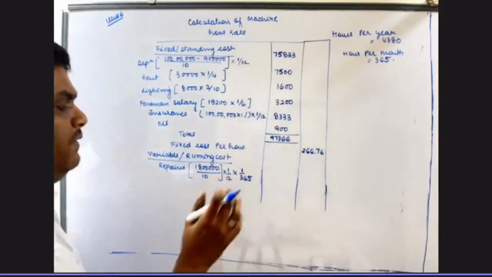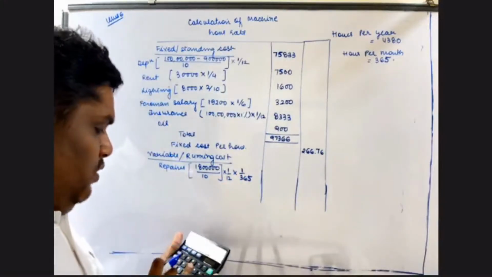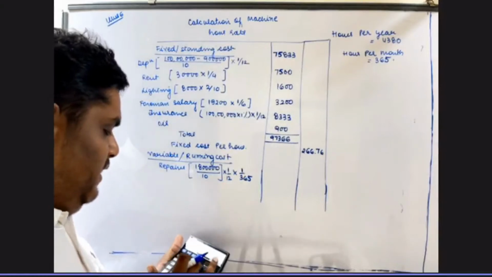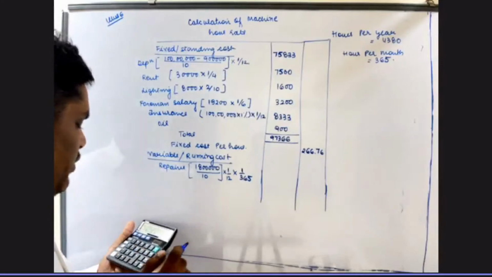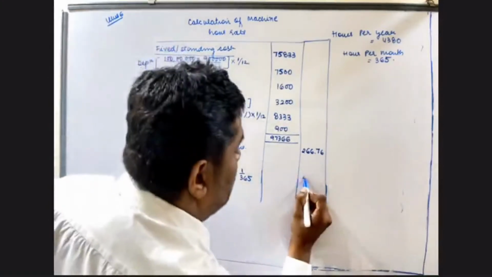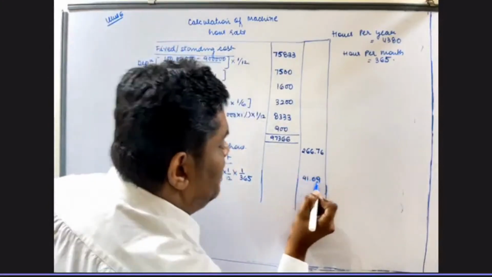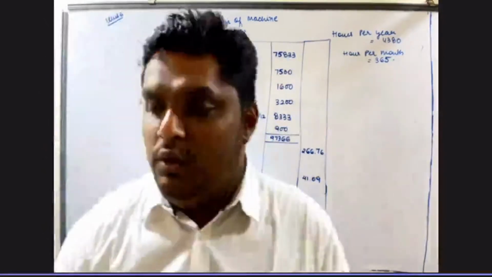So we'll get the per hour rate. 18 lakh divided by 10 divided by 12 divided by 365 is 41.09. This will be my repair cost, that is 41.09.